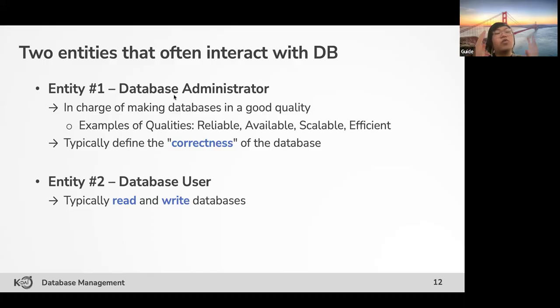So the database administrator will be the one who defines it most of the time. I'm not saying that the database administrator will be the only person in charge of this. Okay. Another entity is a database user, the one who reads and writes databases, or basically the one who uses databases.